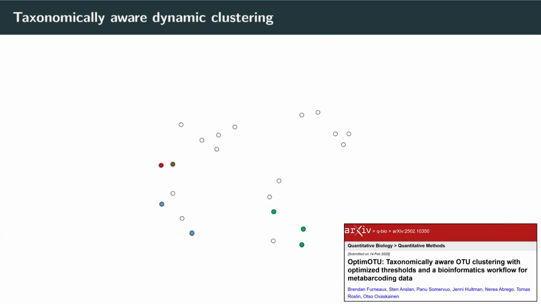Then the question is, how can you get smart about this so that you can still get to a list of species-like entities across your samples, sites, times, etc., the OTU tables that Otso was referring to.